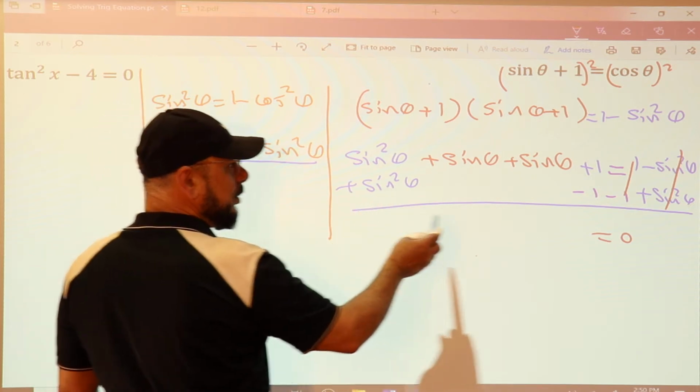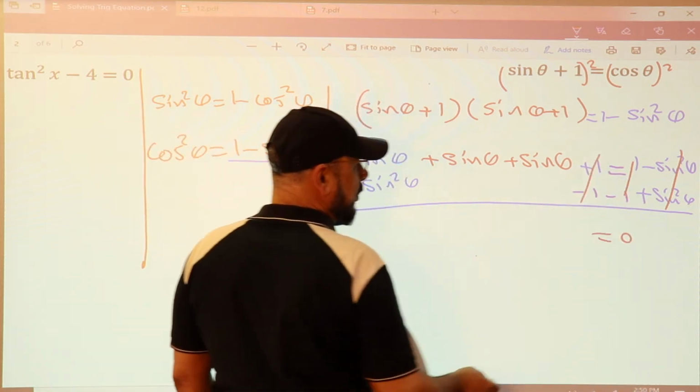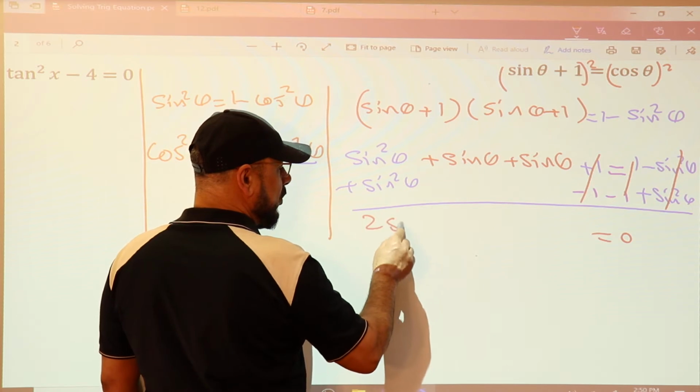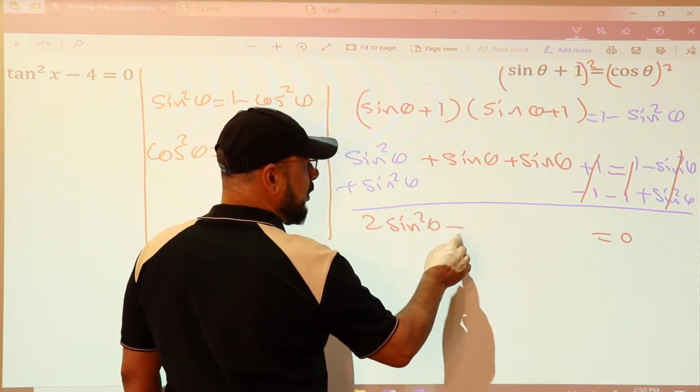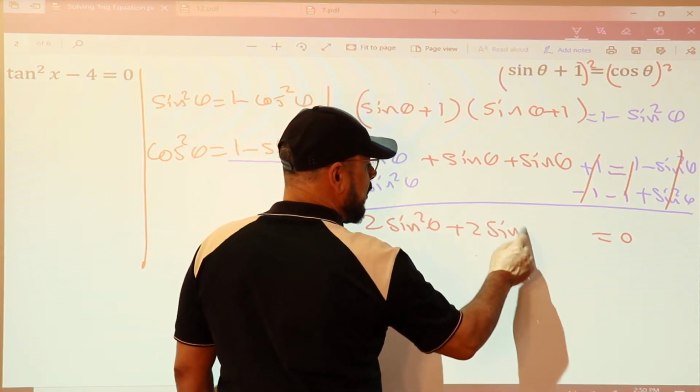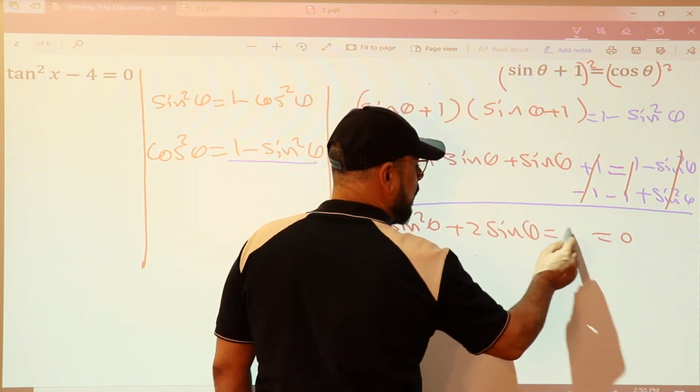This becomes 2 sine squared theta plus 2 sine theta equals 0.